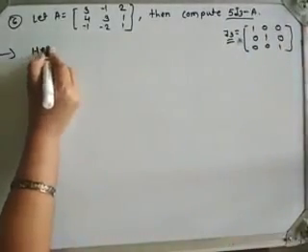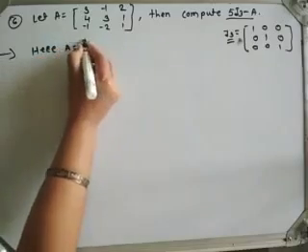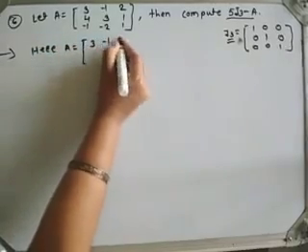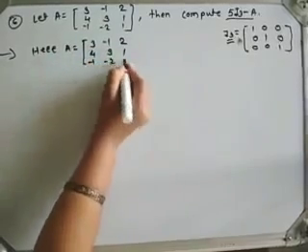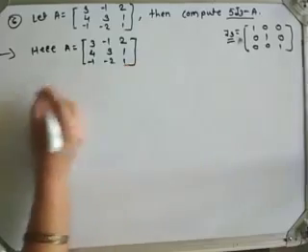Here A is equal to the matrix [3 -1 2; 4 3 1; -1 -2 1].